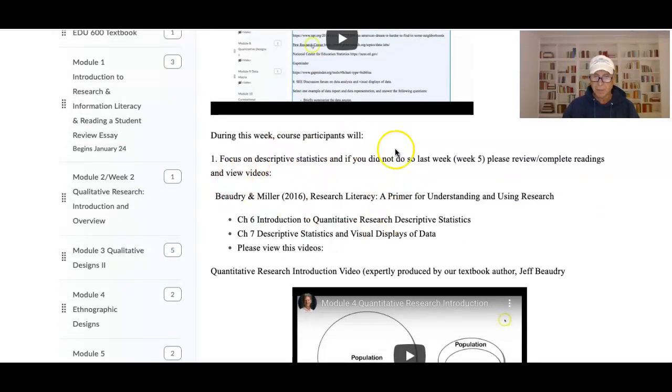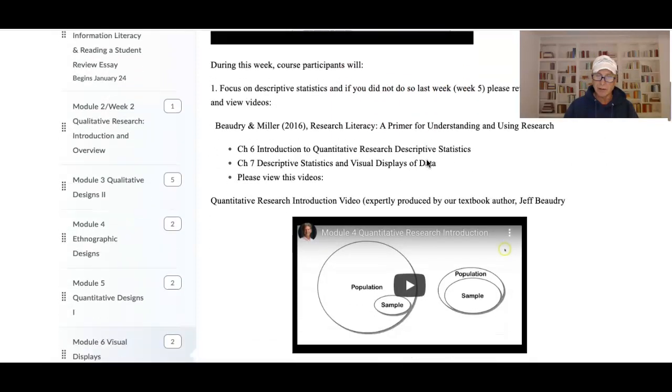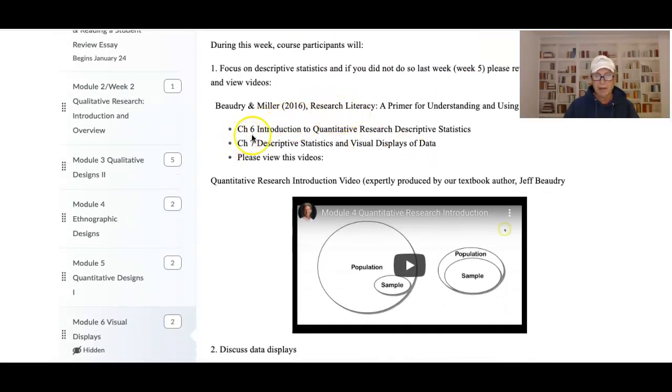So a couple of objectives for the week. Focus on the descriptive statistics. Now, this is the beginning. This is a common theme. We're going to be looking at this over the next 3 weeks. So if you did not take a look at some of the materials from last week, please jump back and take a look at that. Read chapters 6 and 7, and then take a look at the videos. This one is from module 4.